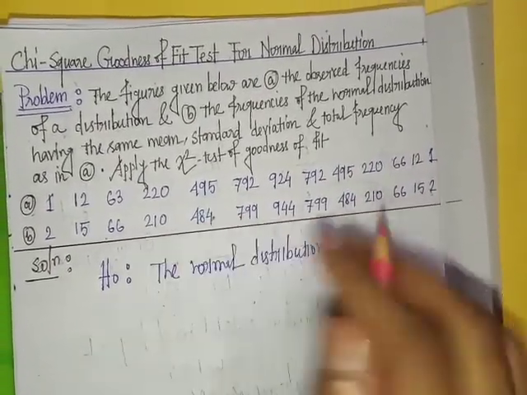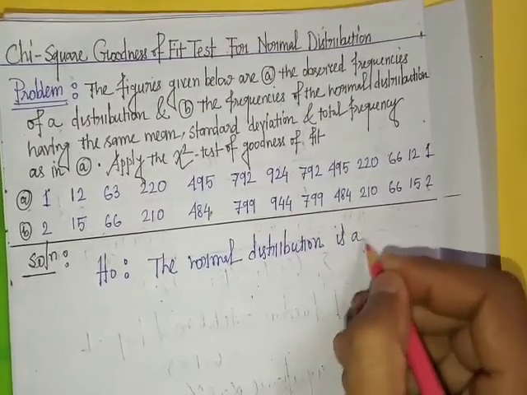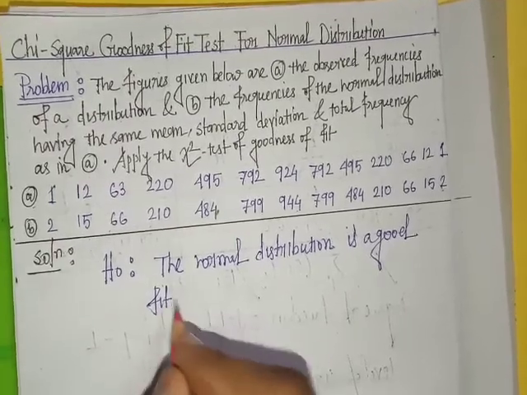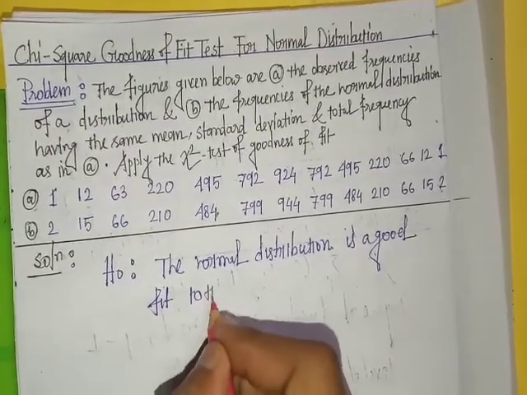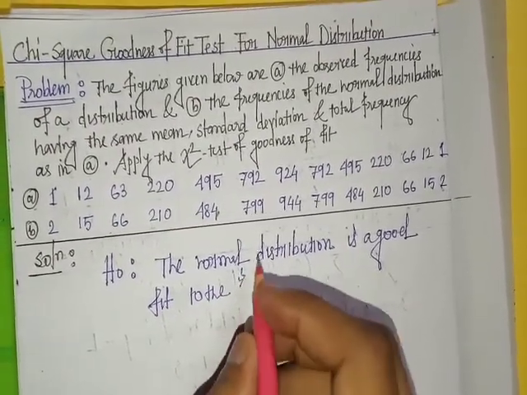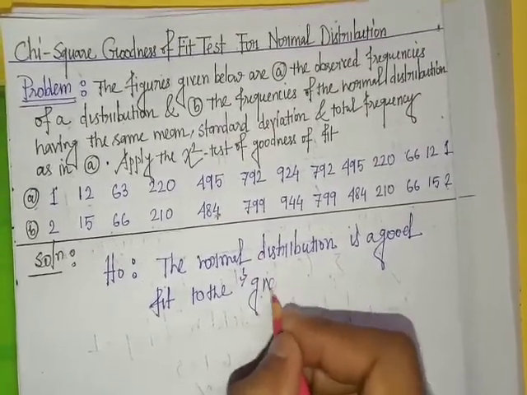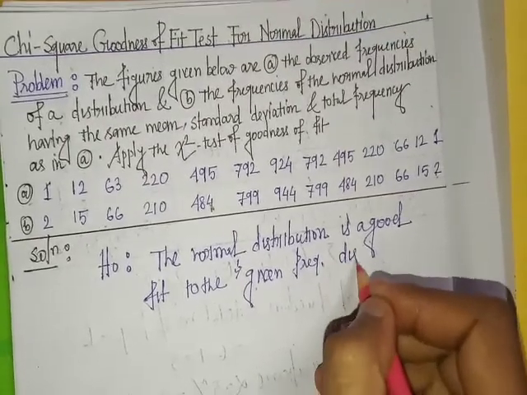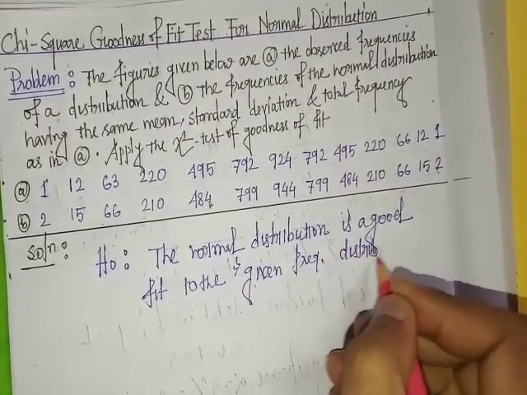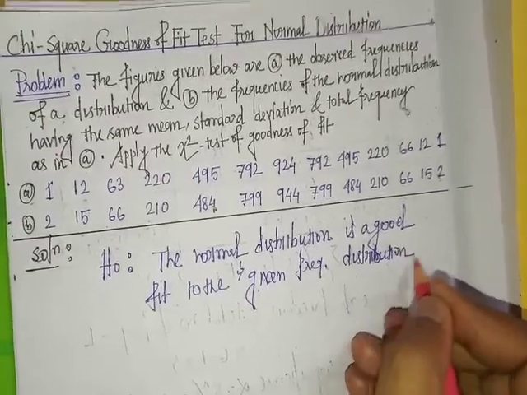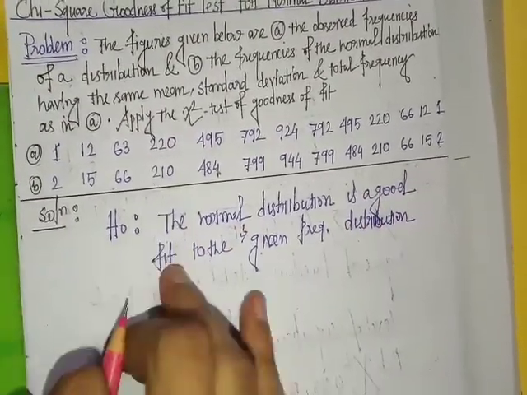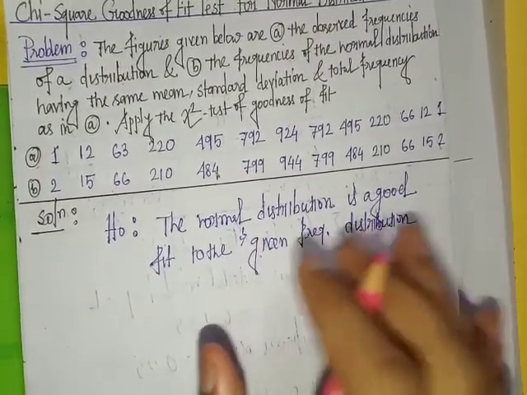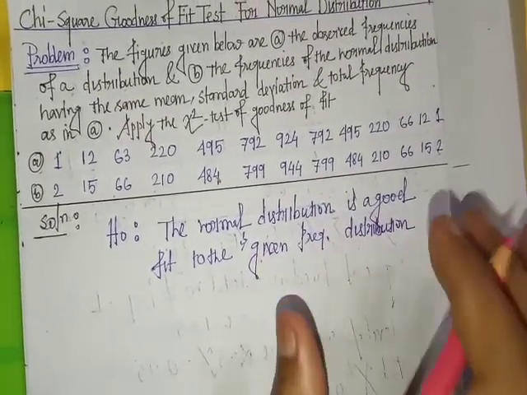We assume the normal distribution is a good fit to the given frequency distribution. That is, the given observed frequencies and expected frequencies do not differ significantly.